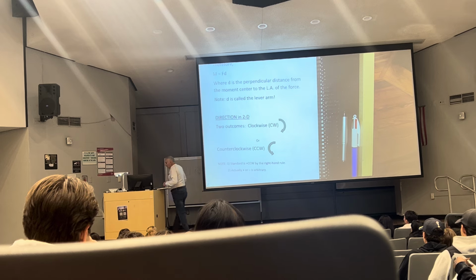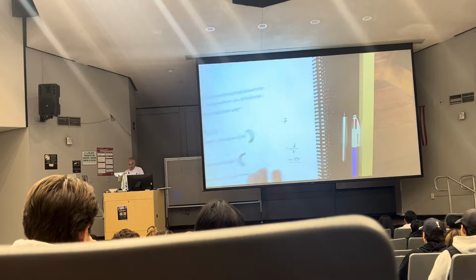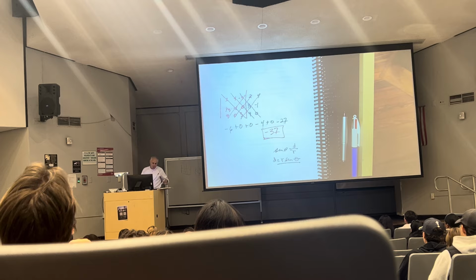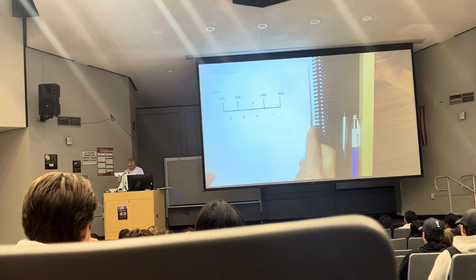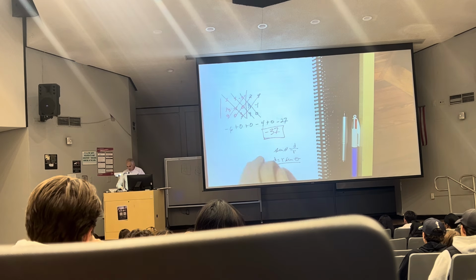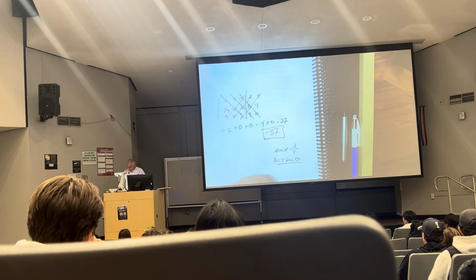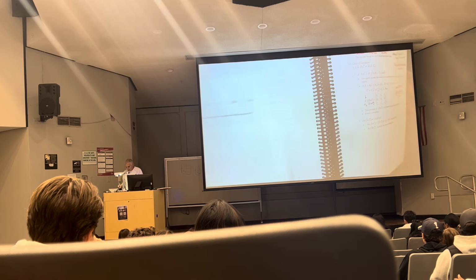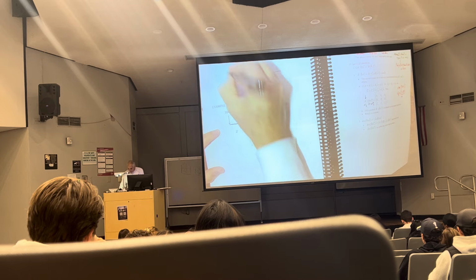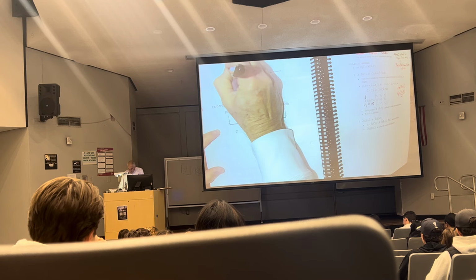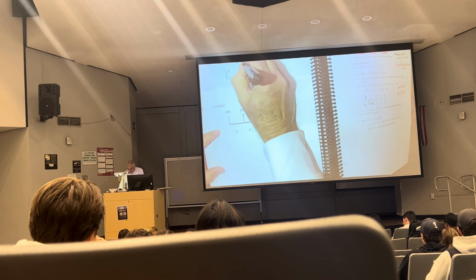I'll give you an example. There's an example in the book or in the video that says this. I'm going to put it up here so we can see it together. This is the example. So I've got 10 pounds, 20 pounds.